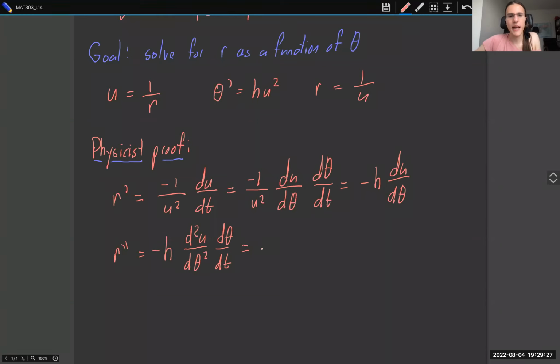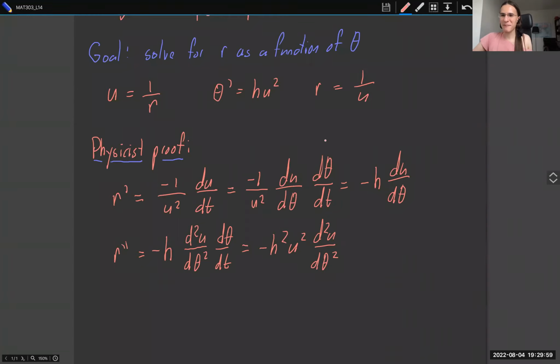But if we look at this, then what do we know about h d theta dt? d theta dt is h u squared. So we're going to get negative h squared u squared d squared u d theta squared.